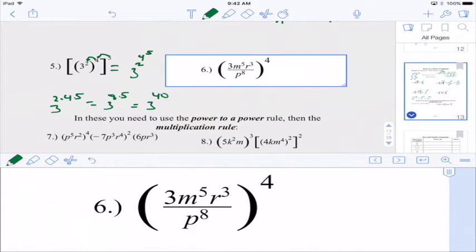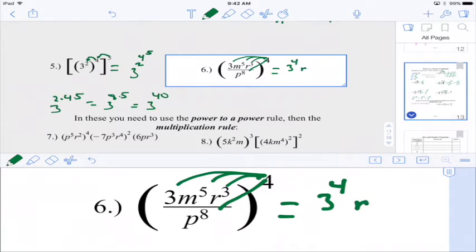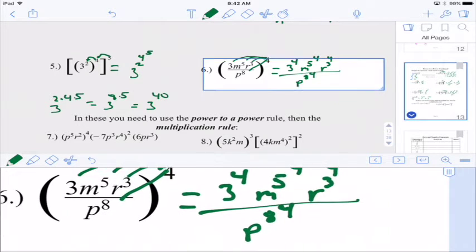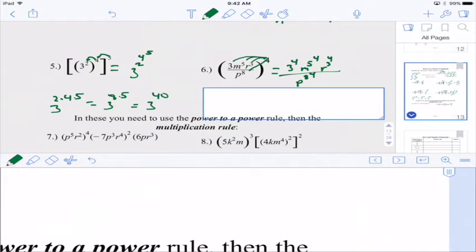Same thing on 6. I'm going to raise 3 to the 4th, m to the 4th, r to the 4th, p to the 4th. So 3 to the 4th, m to the 5th to the 4th, r to the 3rd to the 4th, all over p to the 8th to the 4th. All of those are power to a power, so I'm going to multiply. 3 to the 4th is 3 times 3 times 3 times 3.